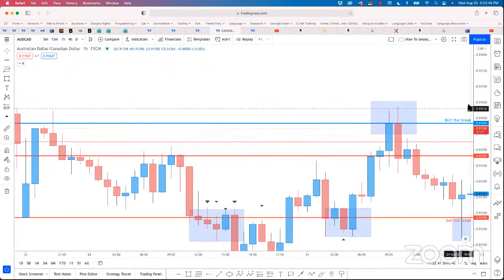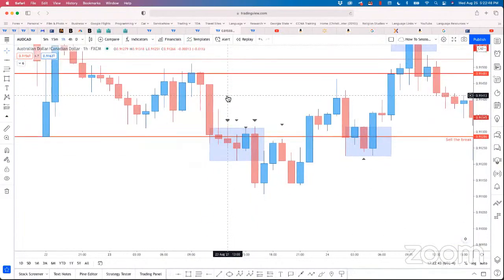In an area where you have a wick on the downside like this, then you see that an engulfing candle is right next to it, right? So you're going to look for a long wick in either direction and an engulfing candle to engulf that entire wick, right?